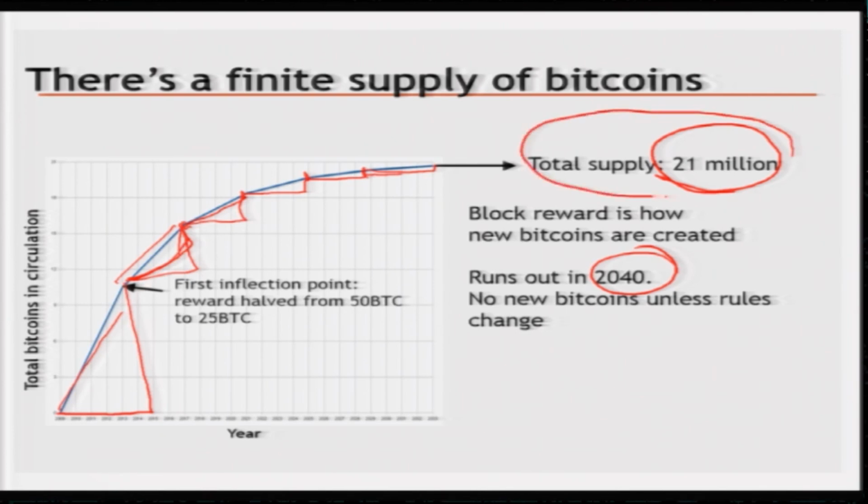This provides the bitcoin ecosystem some scarcity, because if you have an infinite supply of bitcoins, then the prices will not be high, the exchange rates will not be high. So, in order to build in this scarcity, they decided in the beginning that only 21 million bitcoins would be created. We will talk about the other incentive in the next session.